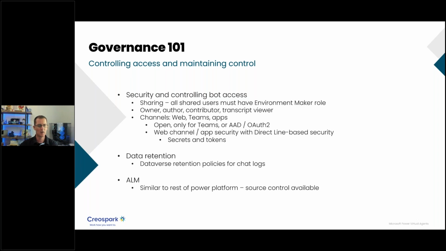Now there is another way that you can do this, which is this web channel or app security. So this is when you want to build an app that's able to talk to your bot. You don't want to use AAD. You just want to have a direct line security. So this would be a service that's effectively talking to your bot, and it's effectively like shared credentials.